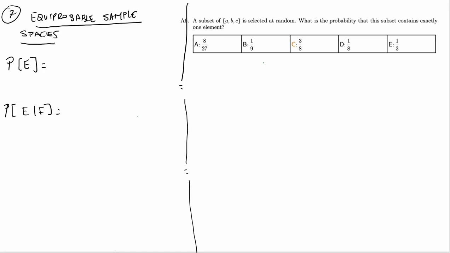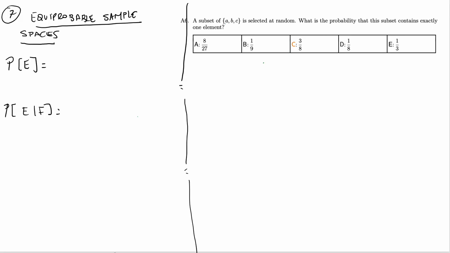Item of the recap is equiprobable sample spaces. Okay, so we learned about equiprobable sample spaces, and what is an equiprobable sample space? Well, usually I don't tell you anything, and that's usually an equiprobable sample space.